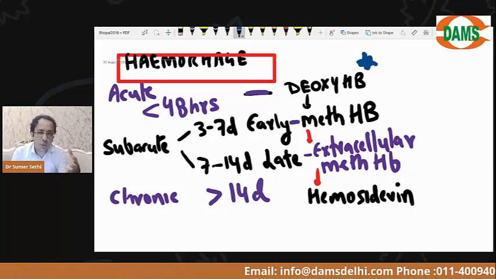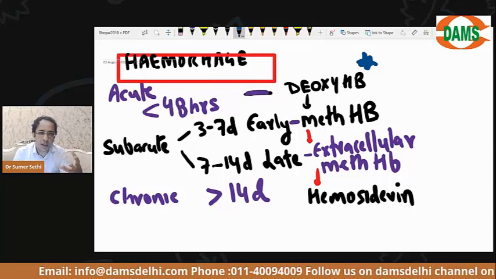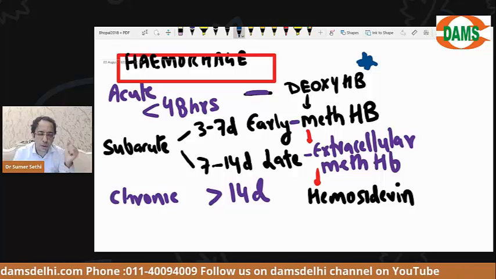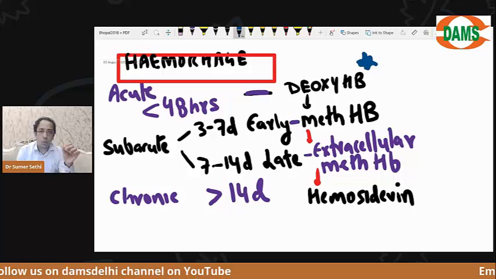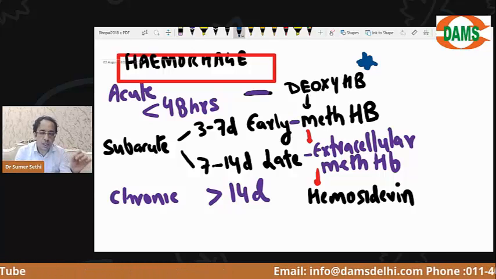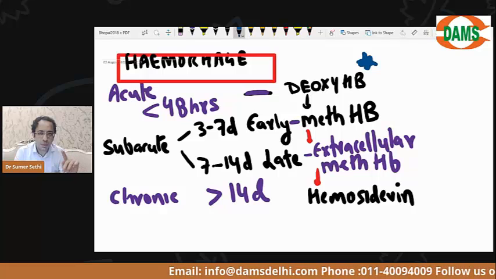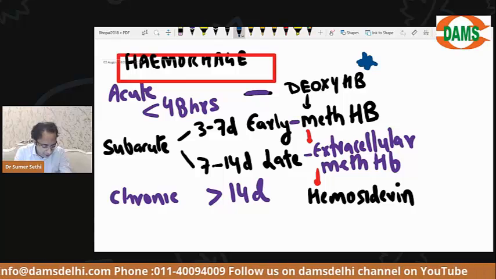Now, what do you think? Tell me, children, on what property do you think the magnetic property of any molecule depends? Magnetic property of any molecule depends on the number of unpaired electrons in the outer shell. Do you remember this from school? Did they teach you this in school? Diamagnetic, paramagnetic, like this.